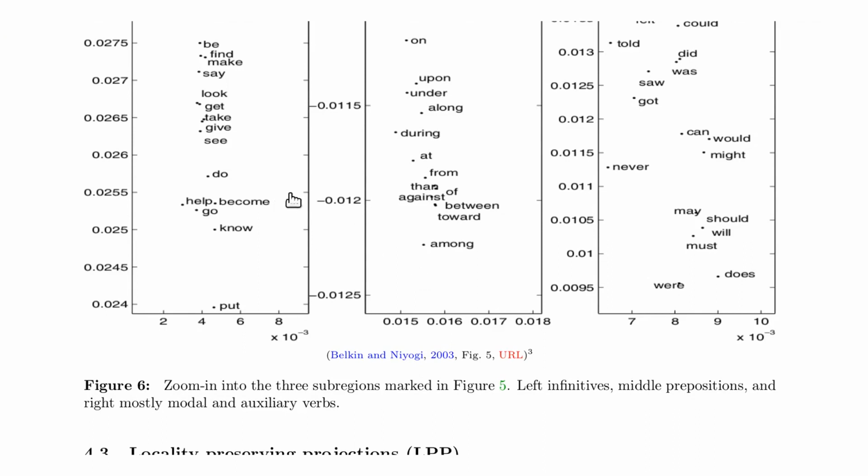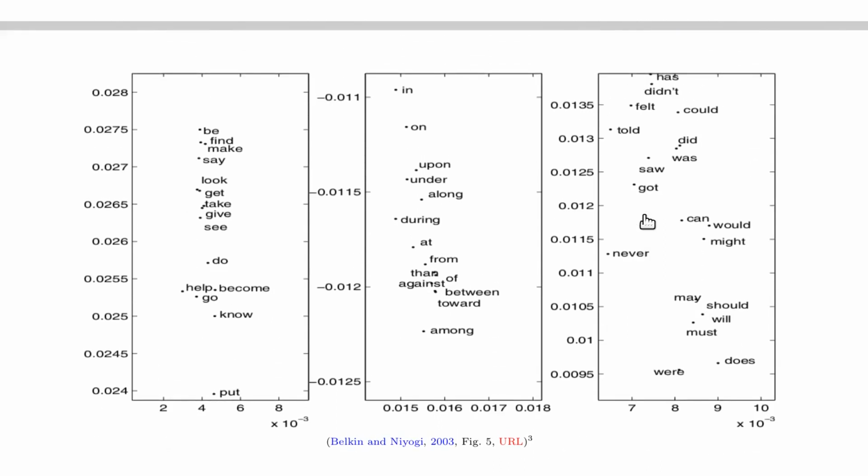So these are infinitives, these are prepositions, and here these are modal and auxiliary verbs. So you see that the Laplacian eigenmap algorithm can reveal structure in the sense that nodes or samples that are similar to each other are grouped together in that space, and then you can plot them in this structure, and you can look at the neighborhood relationship between them.